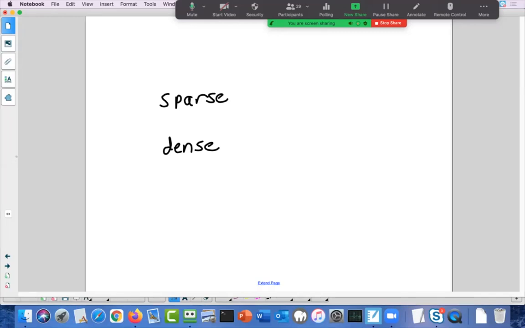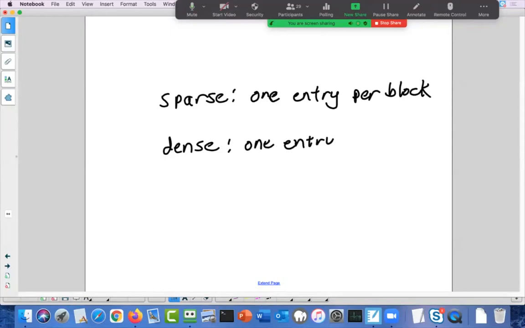On a sparse index, you have only 1 entry per block, whereas in a dense index, you have 1 index entry per tuple.